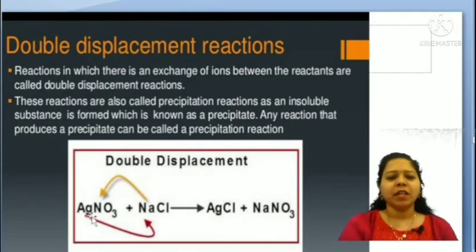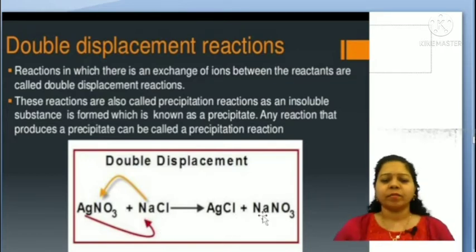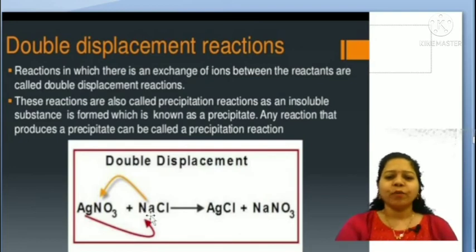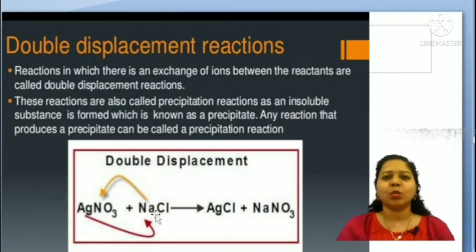Here Ag replaces the sodium and forms silver chloride, and the sodium from NaCl reacts with NO3 from AgNO3 to form sodium nitrate. It means silver and sodium both displace each other, two ions displace their positions. That's why we say the name is double displacement reaction.